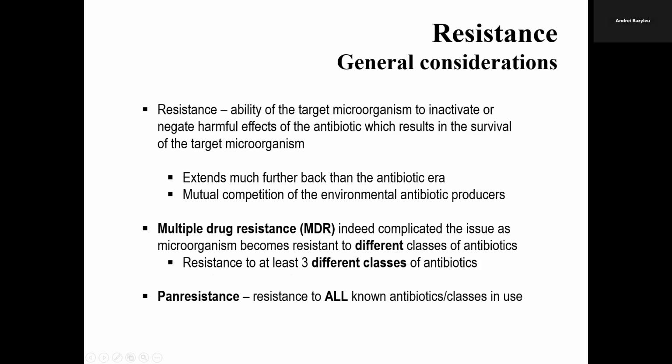Pan-resistant species are even worse, as the pan word suggests. It's resistance to all known antibiotics and antibiotic classes in use. Sometimes there could be some exceptions, usually in the form of one specific antibiotic, not even the whole class, but a particular representative.